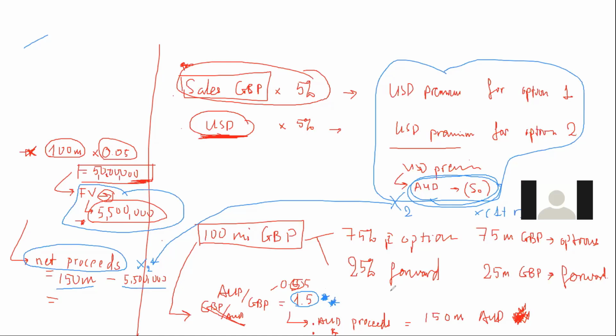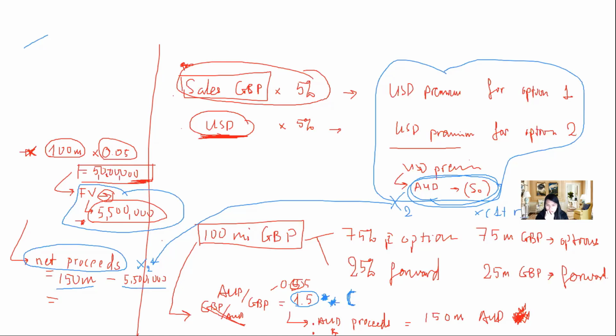Where do we get this figure, 1.5? The strike price? Is that the expected exchange rate? So this is the rate under which you exercise. This is the rate at which you convert the foreign currency into the AUD in the option hedge. Is that the rate we find on the website, CME?